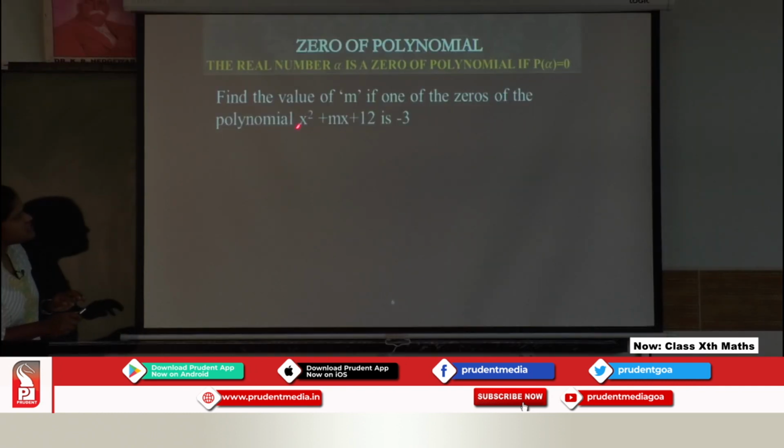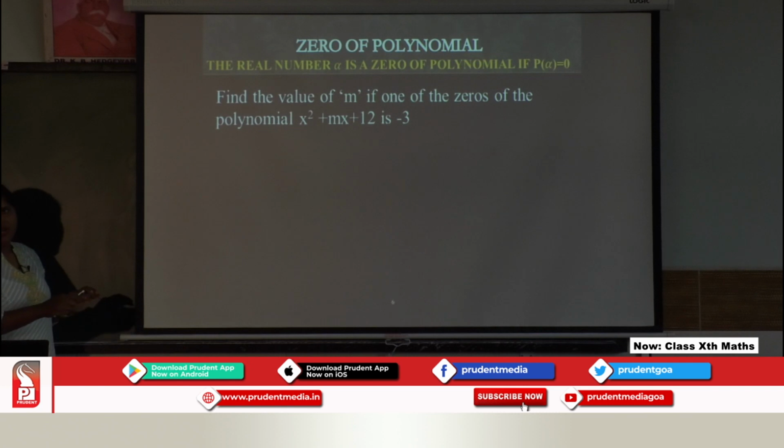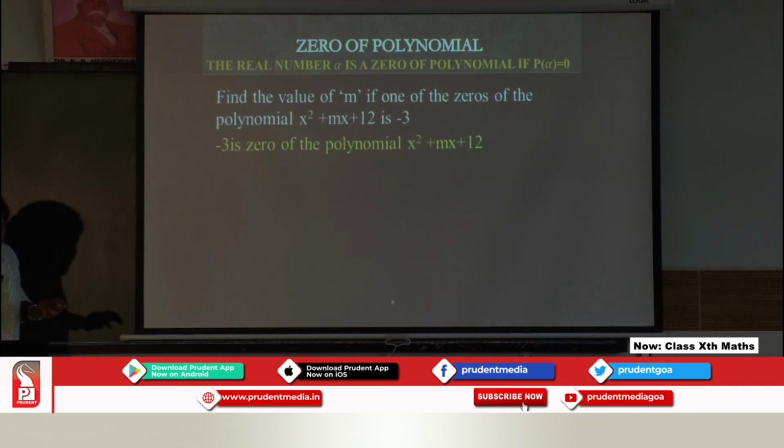So what we are supposed to do is that after substitution, find this value of m. Now it is given here, minus 3 is zero of the polynomial x square plus mx plus 12.